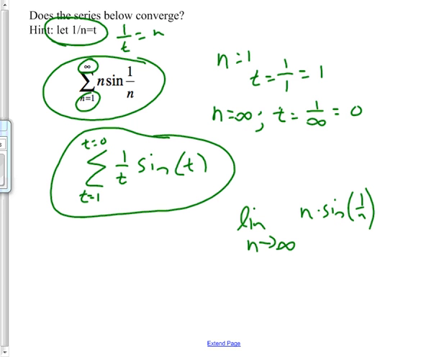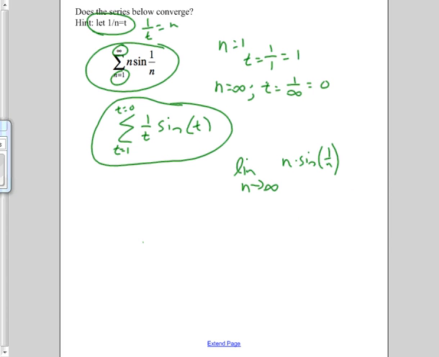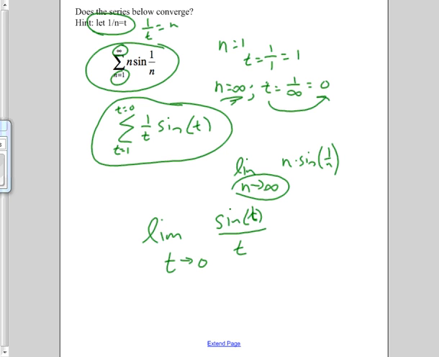So what we do, well, let's replace these n's with t's, and we can get the limit. As n approaches infinity, t is approaching 0. So the limit as t approaches 0 of sine of t over t. And this is a very famous limit problem that you've looked at in calculus AB for sure.